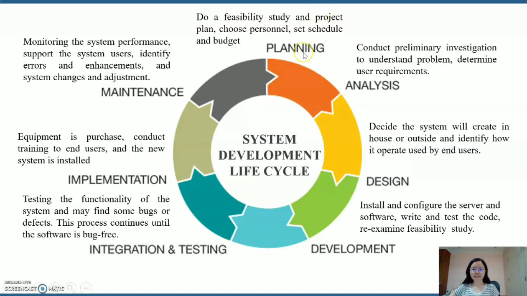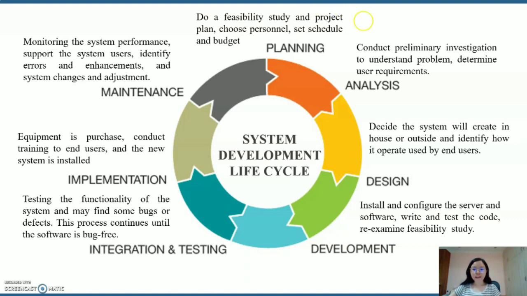For the first phase, that is planning, we will do a feasibility study which involves operational study, economic study and technical study, and we will have the project plan. The project plan helps us to identify the user needs, and also helps us to allocate the resources, and there will also be the project schedule that helps to set the time and the cost that will be used in this system development life cycle.